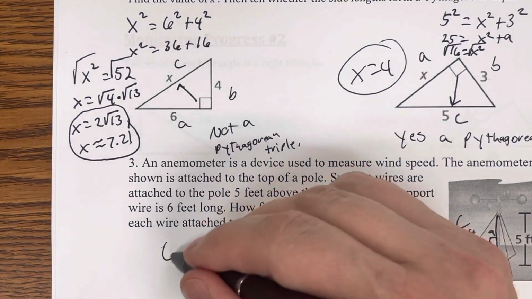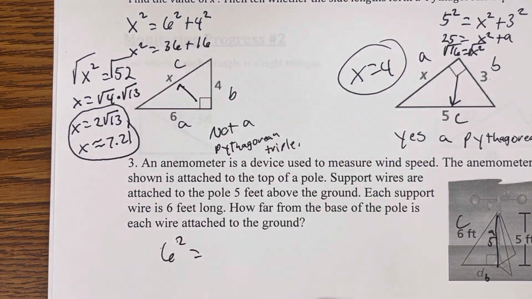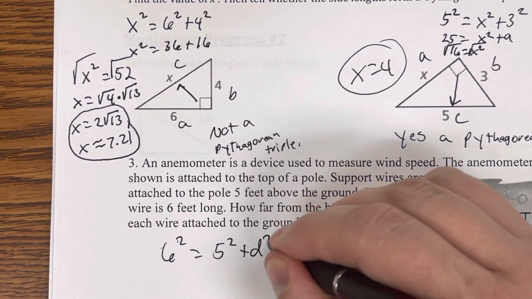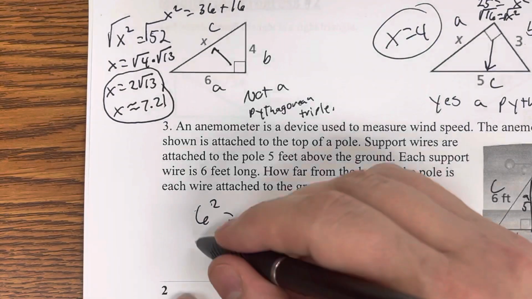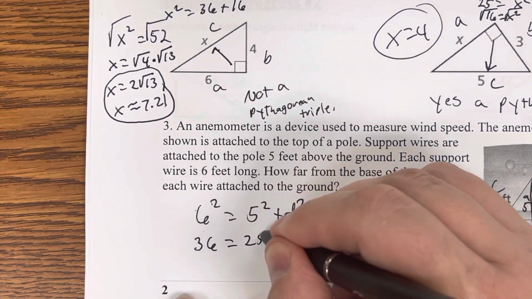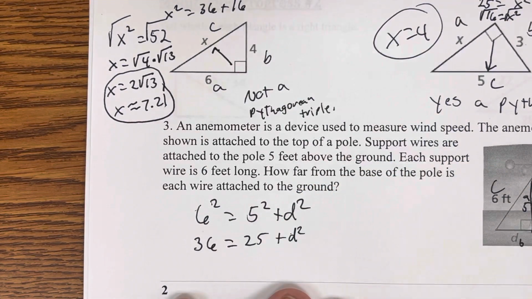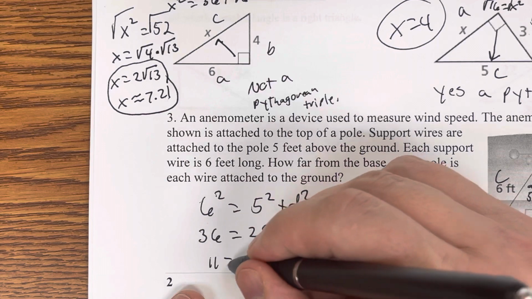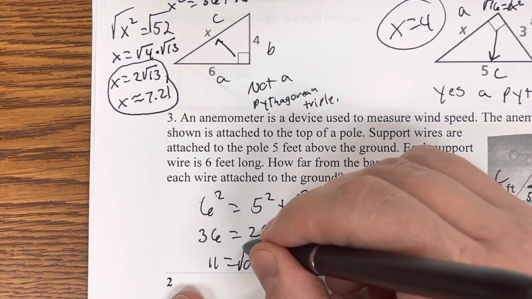So 6 squared is equal to 5 squared plus D squared. And then we'll solve. 36 equals 25 plus D squared. 36 minus 25 is 11. Got to take the square root of 11.